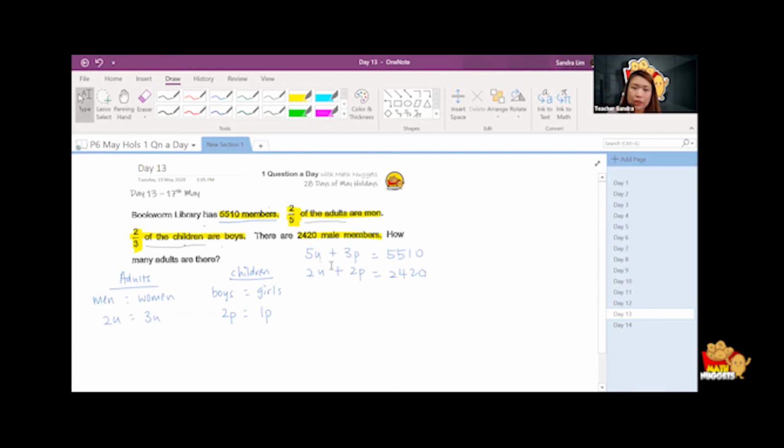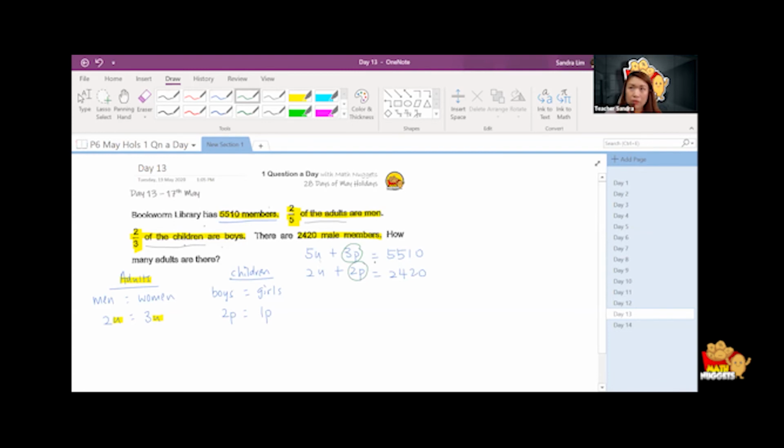Then after that, what? They're asking for the adults, right? If they want the adults, means they're looking for units, right? Because adults is made up of the units here, right? So we should be making parts the same to get rid of parts. So that in the end we solve for units. Okay, in this case, we can make parts the same. So you notice part and parts.